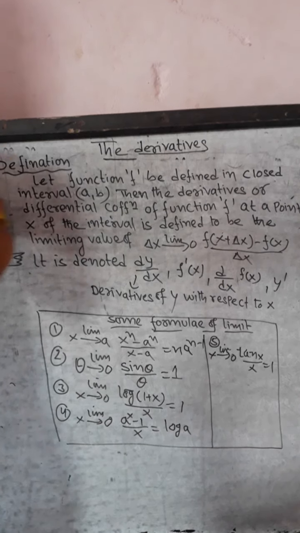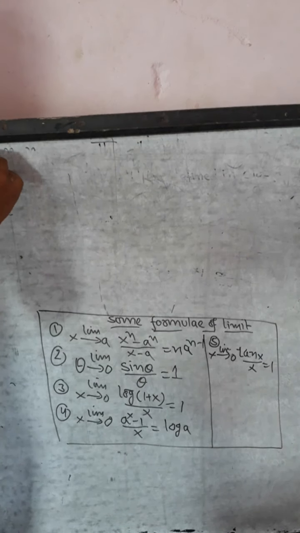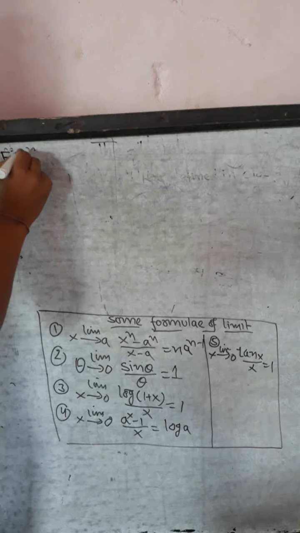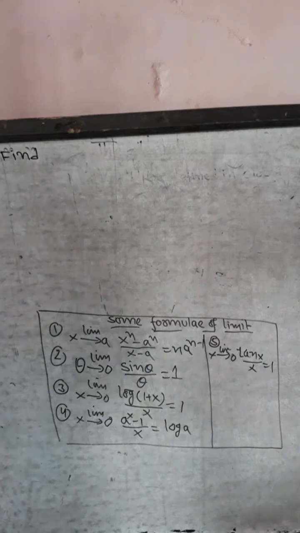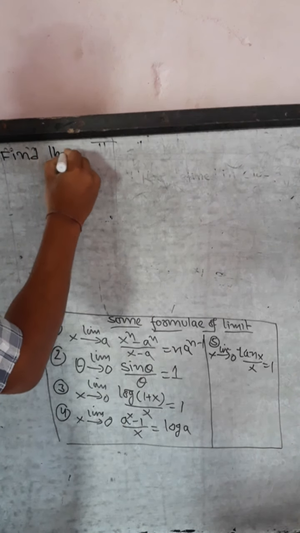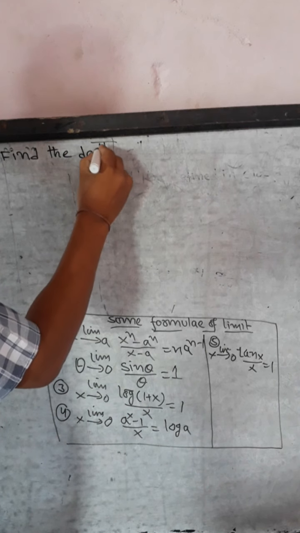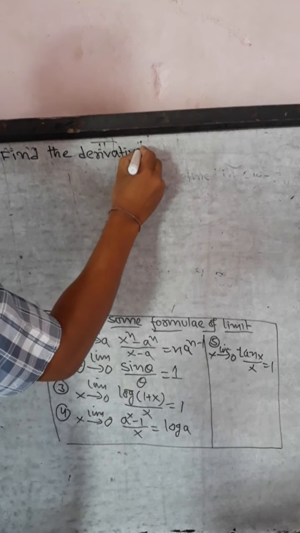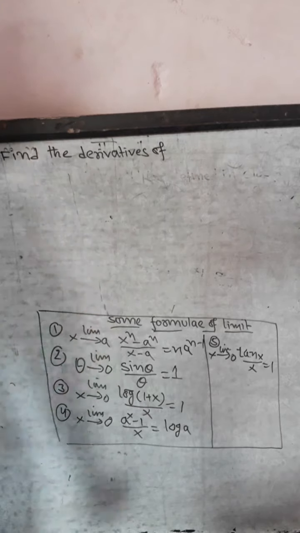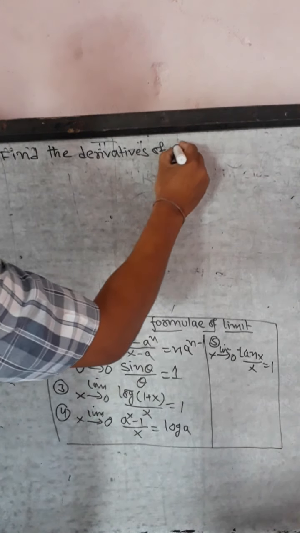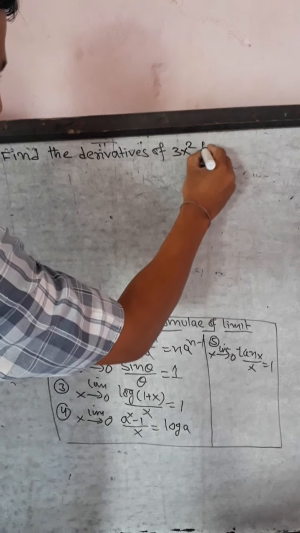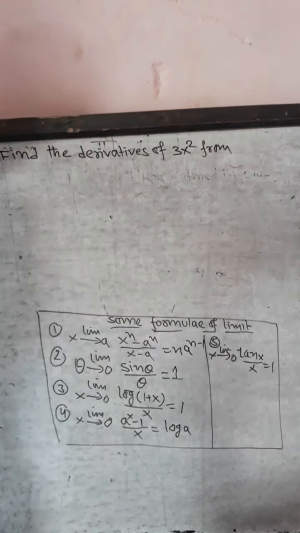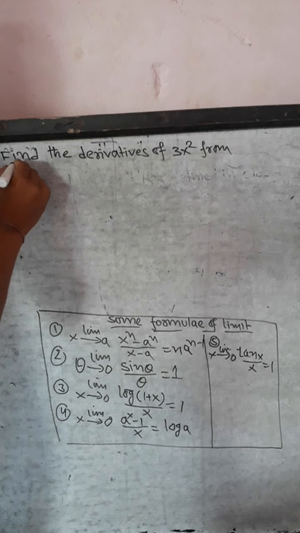Okay, suppose there is one question. Find the derivatives of 3x square from first principle.